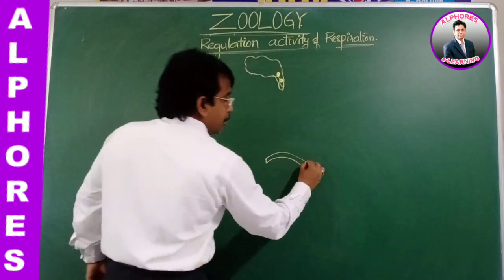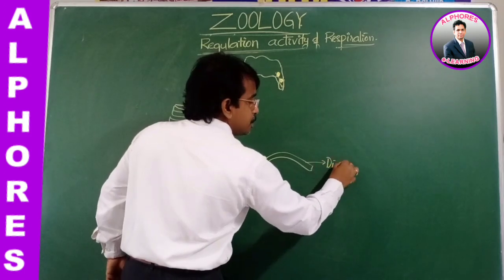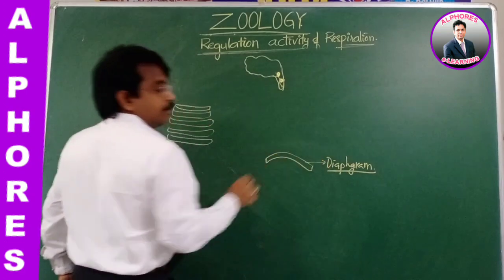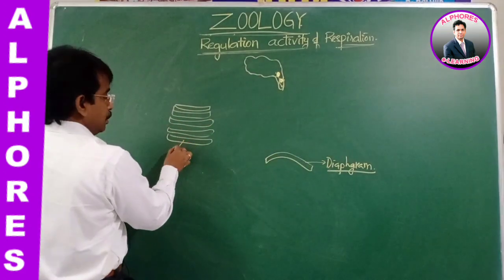This is the diaphragm. Next, these are the ribs.